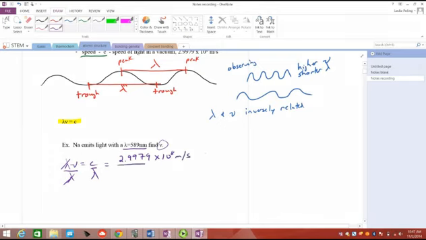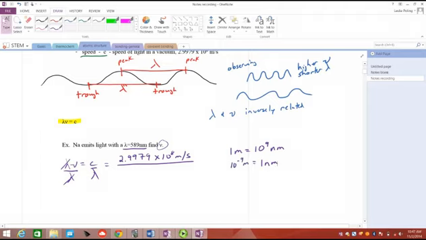However, we don't have meters, we have nanometers. 1 meter is 10 to the 9th nanometers. So 1 nanometer would be 10 to the minus 9 meters.